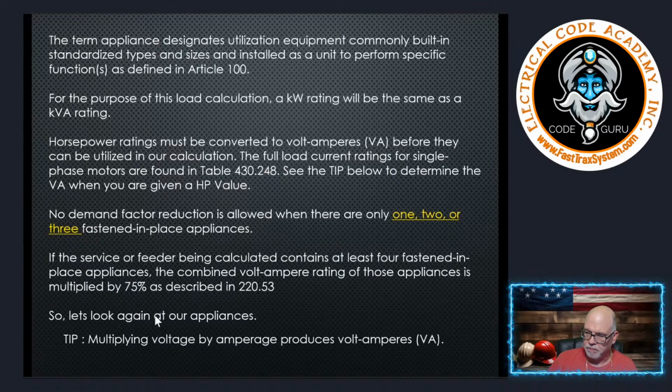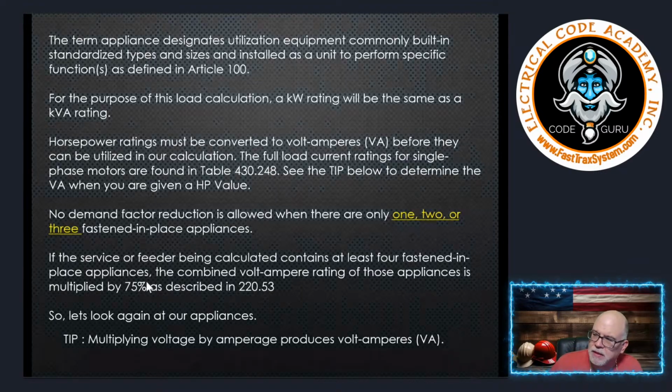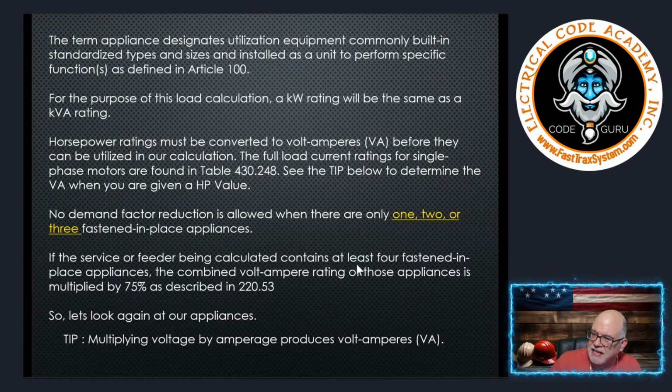Okay, now, if it's a service or feeder and it's being calculated and it contains at least 4 fastened in place appliances, okay? So a microwave that goes on the counter that plugs into a receptacle is not a fastened in place appliance.